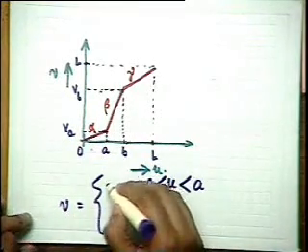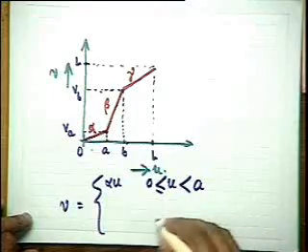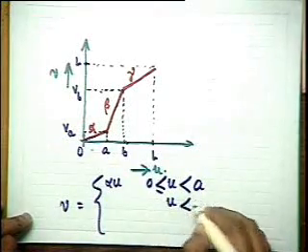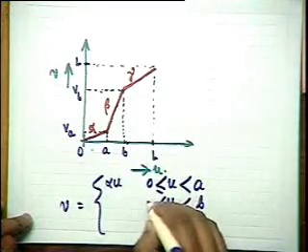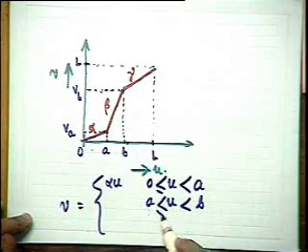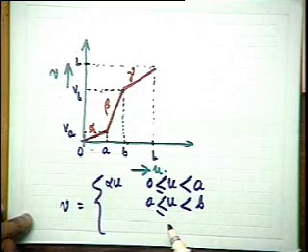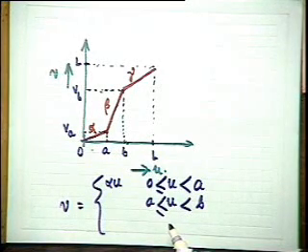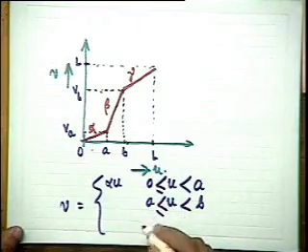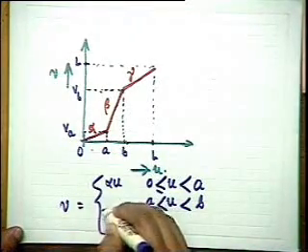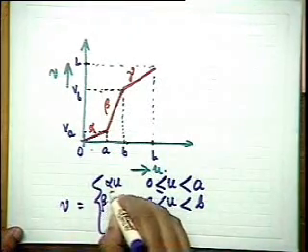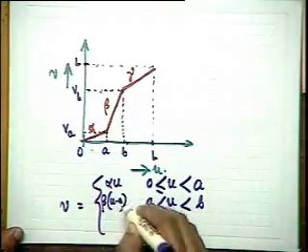Alpha U, correct. When U is in the range of A to B, that is A less than or equal to U less than B, what are you going to have? It is going to be beta times U minus A plus VA.